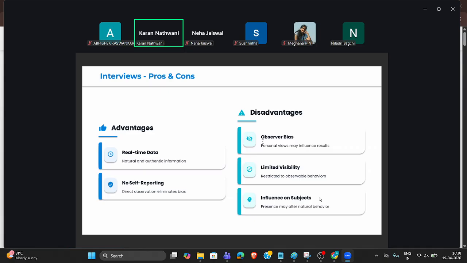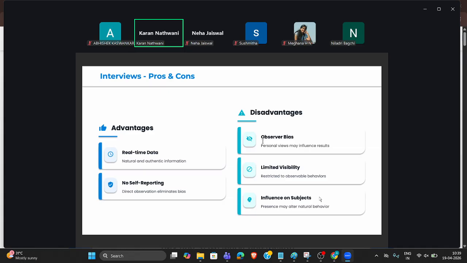For example, you may see a person who is very good on air, but doing wrong activities when he's not on air, when he's not being recorded. He talks about very good things on air, but at the back he's misbehaving with his family, beating his family and kids, while on air he says we should take care of family. So this limited visibility can restrict your view of behaviors.